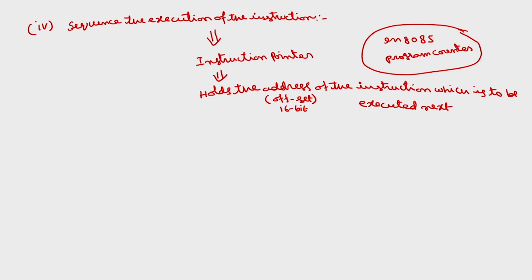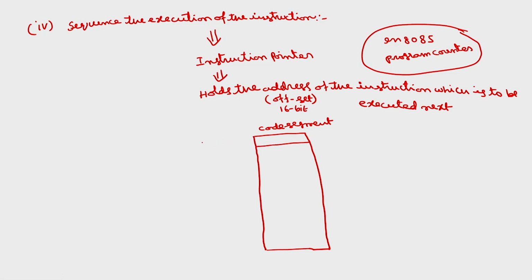For example, take the code segment. As we know, the code segment is used for storing programs. Let us take the starting of the code segment as 60000H, and the code segment can be a maximum of 64 kilobytes, as I discussed in the last class.